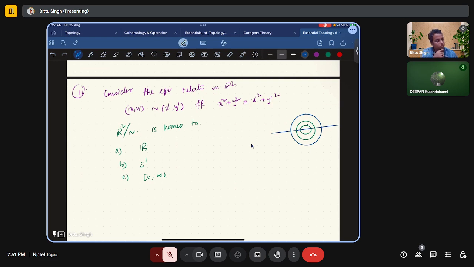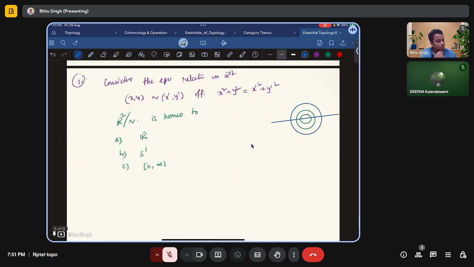So consider this map. Consider f that maps R2 to R defined by f(x, y) equals x squared plus y squared.